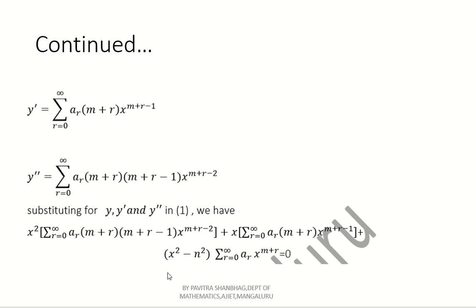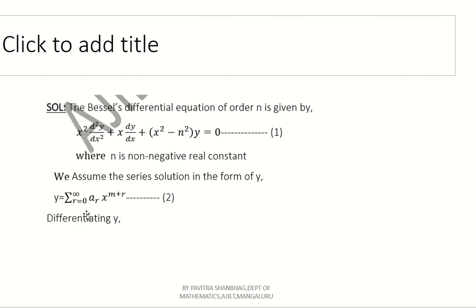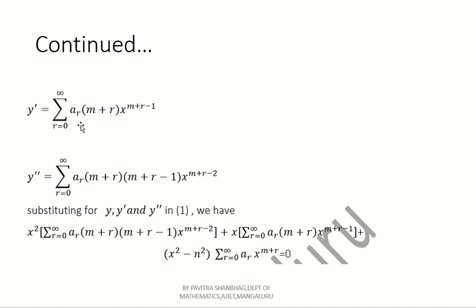Once again, here everyone should be very careful. First you have to choose y equal to summation a_r x^(m+r) from 0 to infinity. After that we take its derivative, y', that is summation r from 0 to infinity, a_r constant as it is, (m+r) x^(m+r-1).